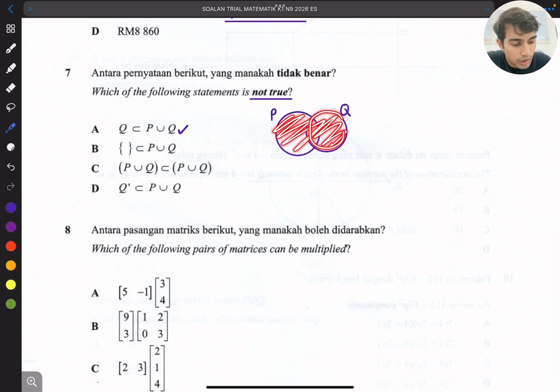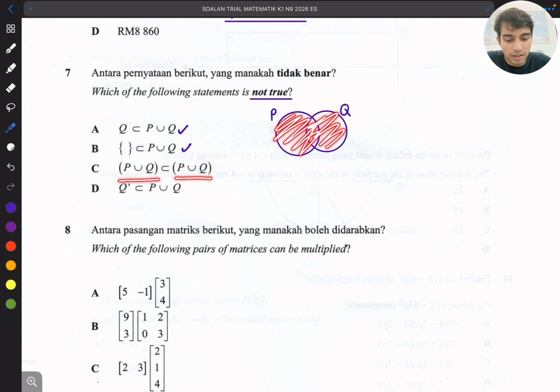So Q is a subset of P union Q. It is part of P union Q. Empty set is a subset of P union Q. Yes. Empty set will also be a subset. It's one of the subsets. P union Q is a subset of P union Q. Yes. Okay, P union Q is the whole thing. It is a subset of P union Q.